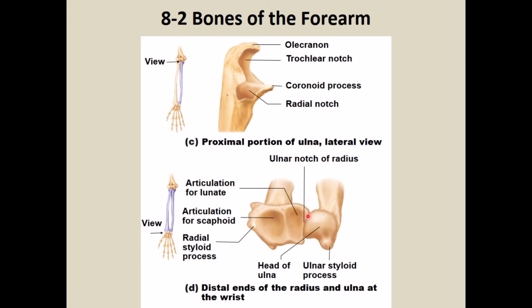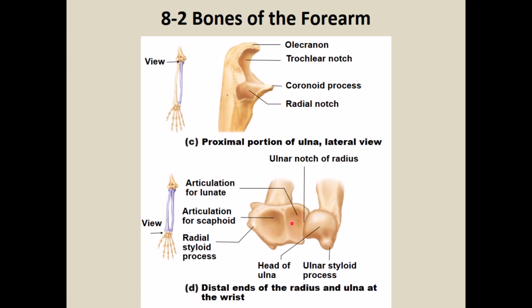Okay, so this is depression in the radius, but that depression is because of the head of the ulna. Both of them together will make the radio-ulnar joint. But if you talk about this area only in the radius, that is called the ulnar notch because of the head of the ulna making that depression.